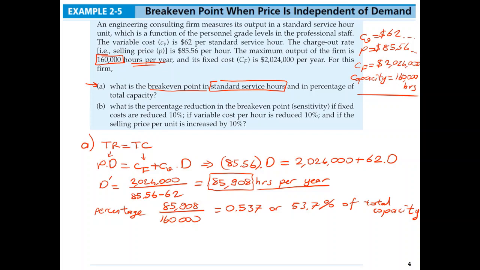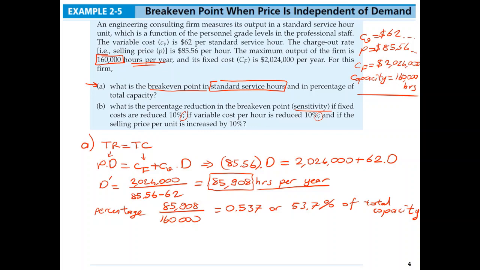Part B of the question asks a very important concept. So let's first read it. What is the percentage reduction in break-even point? It says sensitivity. If fixed costs are reduced by 10%; if variable cost per hour is reduced by 10%; and if the selling price per unit is increased by 10%.